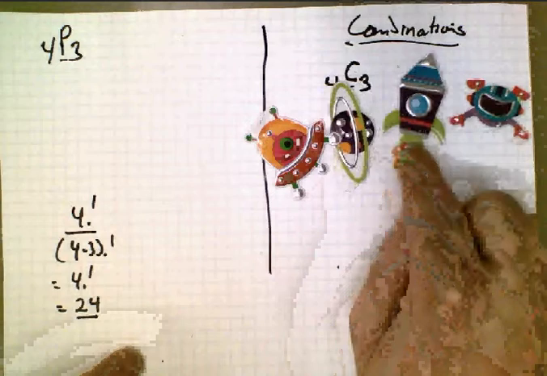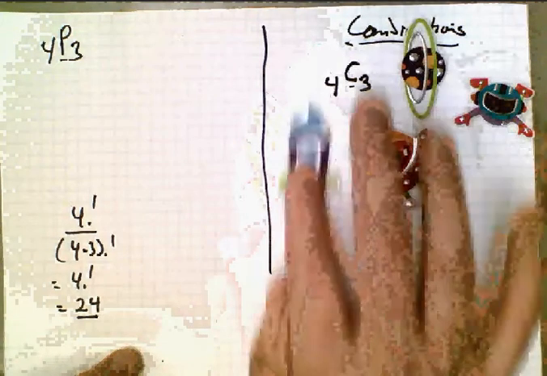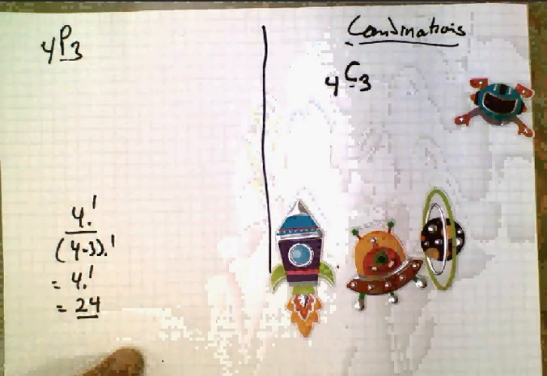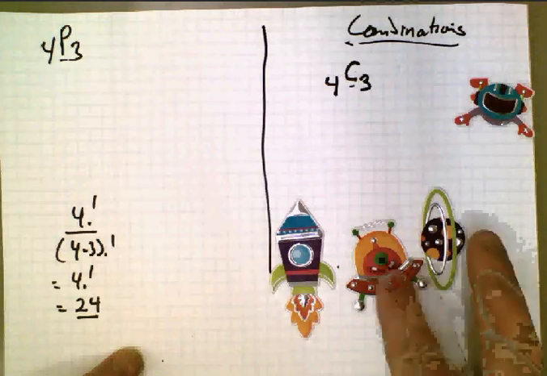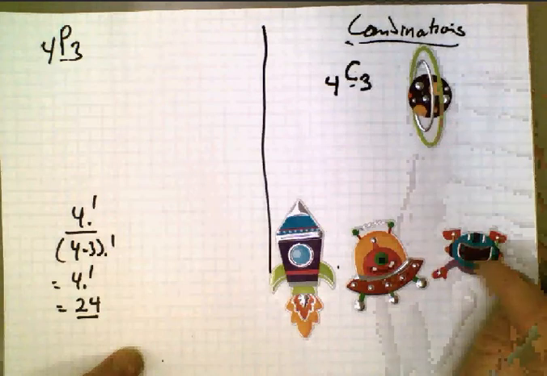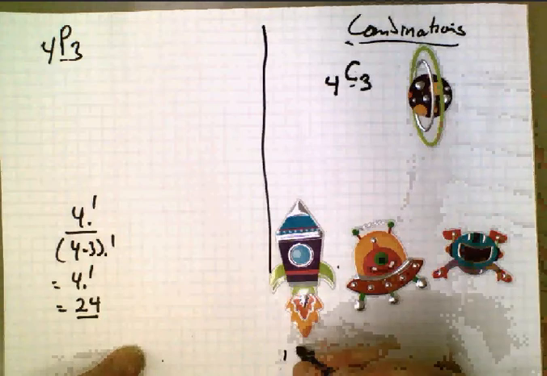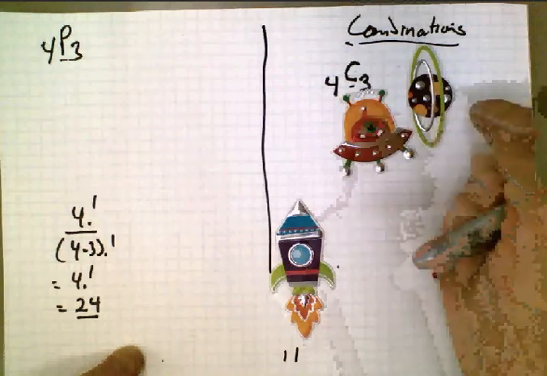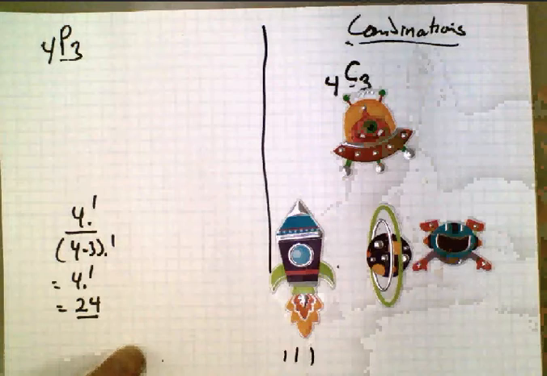So once they're together, that's a combination. Whether they're in a different order, it doesn't matter. So let's say I take the rocket ship first, and then I take these 2. There's one combination, and I can take this back and bring this person down, the astronaut, and that's another combination. And I can bring this guy up and bring this guy down, the planet, for another combination.